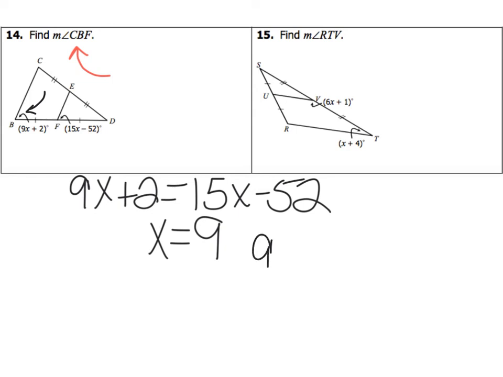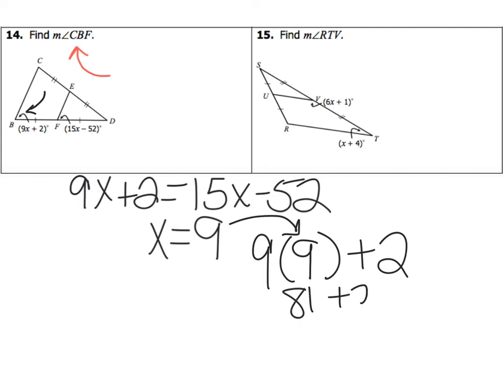So what we're going to do is take 9, multiply it by 9, that's substitution, because 9x plus 2 is equal to that answer. So I have 81 plus 2, and therefore that angle is 83 degrees. So just make sure you read the directions very carefully. We left some problems for you to do, and good luck.